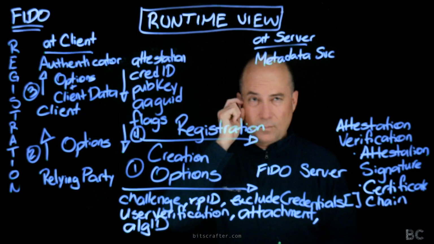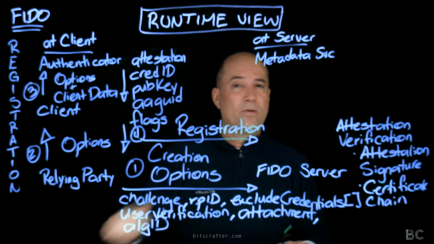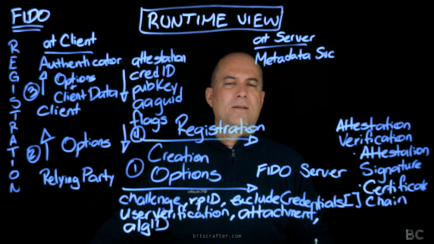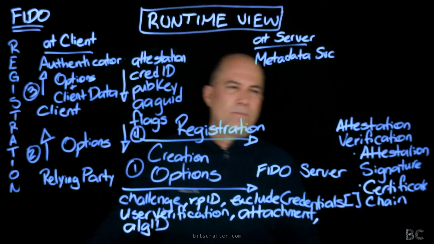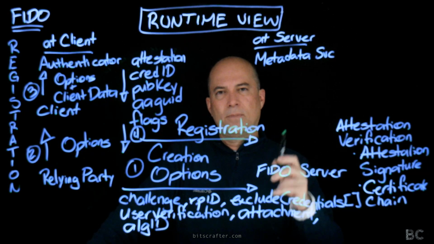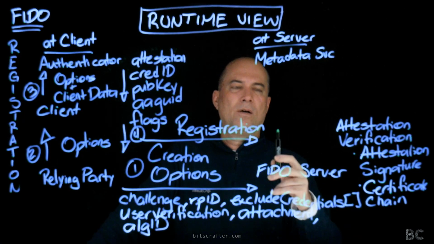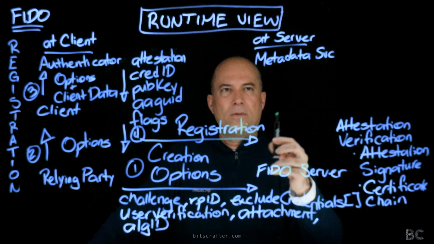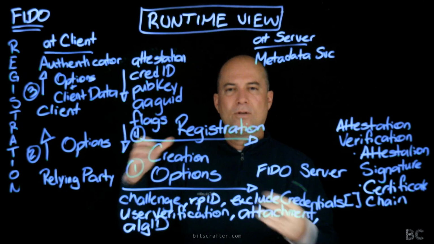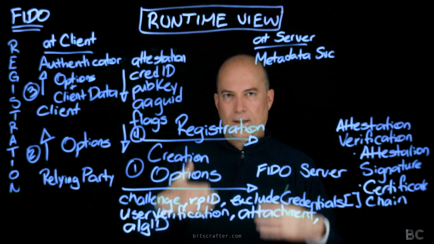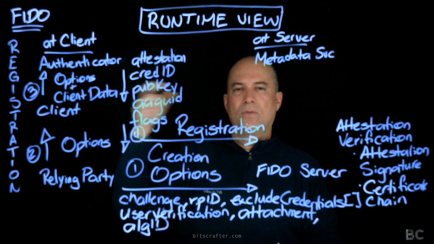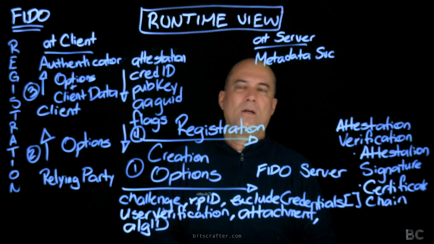Now, during the registration, another aspect is the characteristics of the authenticator. So the FIDO Alliance provides a metadata service, which at the end of the day you can think of as a JSON object, and that JSON object is going to include metadata about all the authenticators registered with the FIDO Alliance.